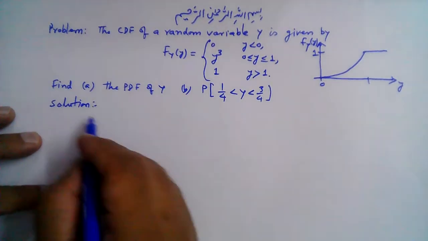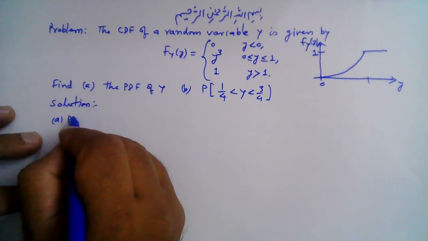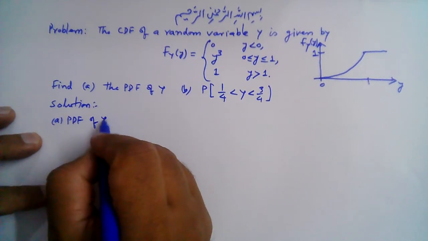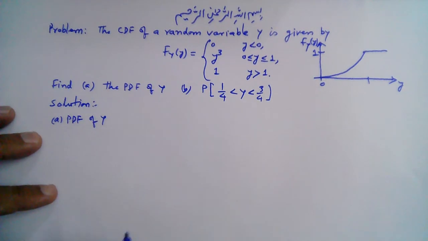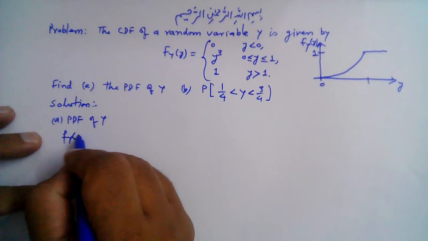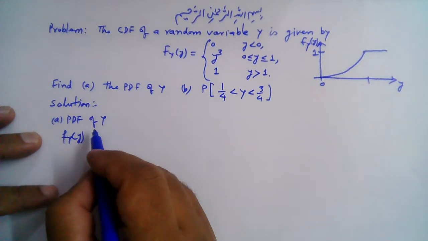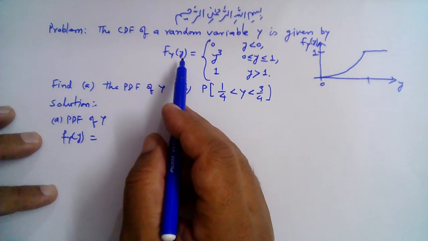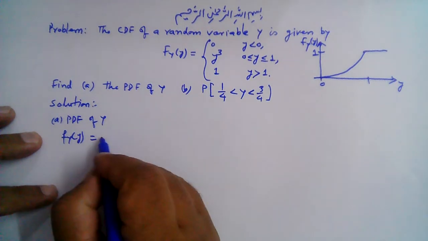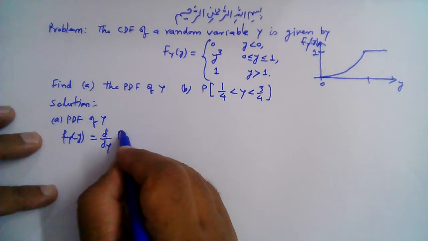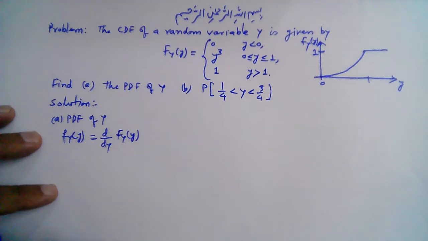First, we need to find the PDF, the probability density function of y. So the PDF f_Y(y) is given by the derivative of this cumulative distribution function, so d/dy of F_Y(y).